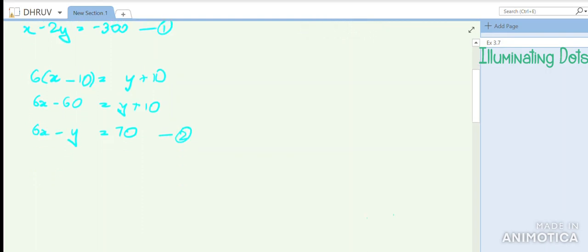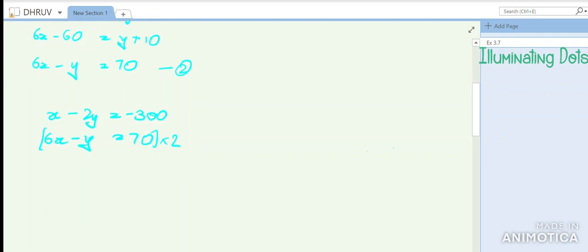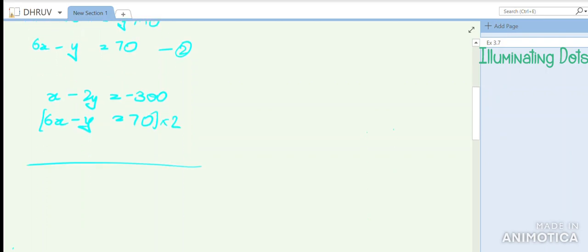Now the equations we have are x minus 2y is equal to minus 300 and 6x minus y is equal to 70. I will solve it using the elimination method. I multiply the second equation by 2 because I have to make the coefficients of the variable y common. So I get x minus 2y is equal to minus 300 and 12x minus 2y is equal to 140.